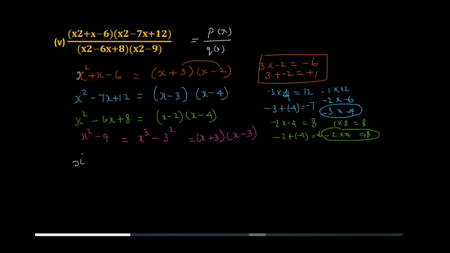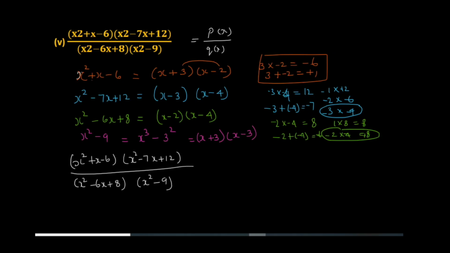Then the original expression, x squared plus x minus 6 into x squared minus 7x plus 12 divided by x squared minus 6x plus 8 into x squared minus 9, is equal to numerator x plus 3 into x minus 2 into x minus 3 into x minus 4. These are the 4 factors for the numerator because 2 polynomials are there in the numerator.